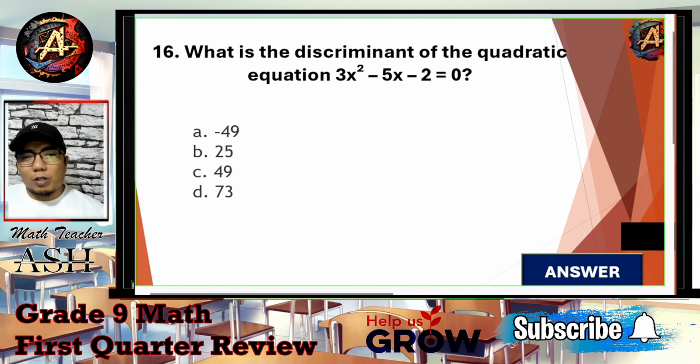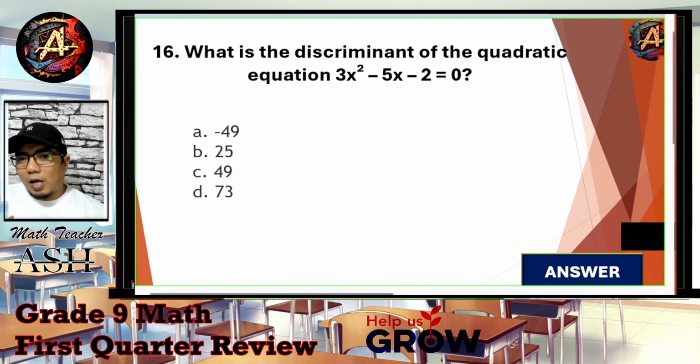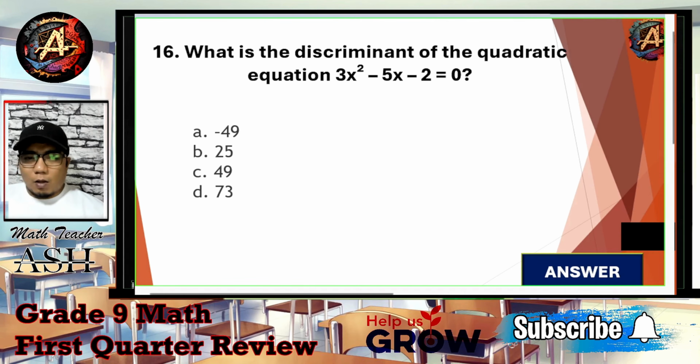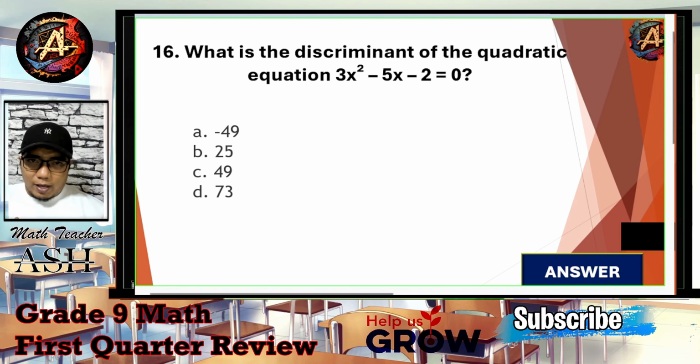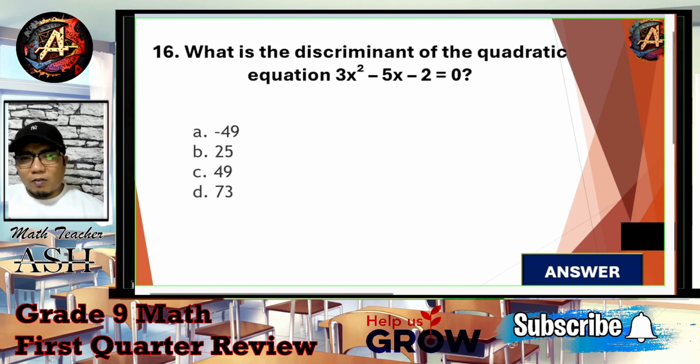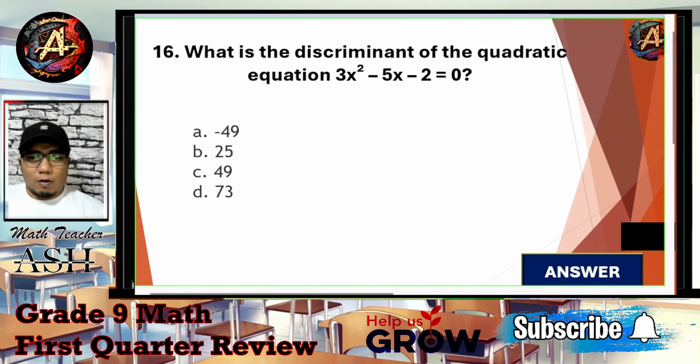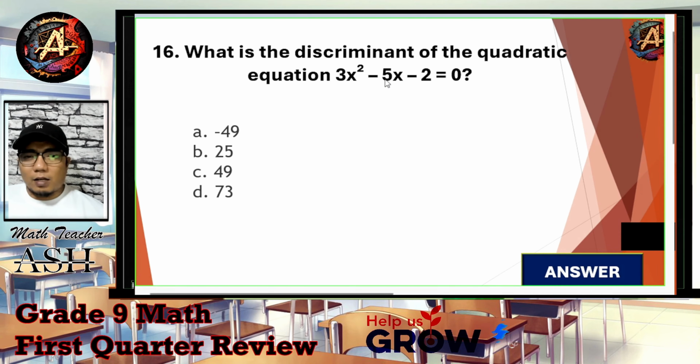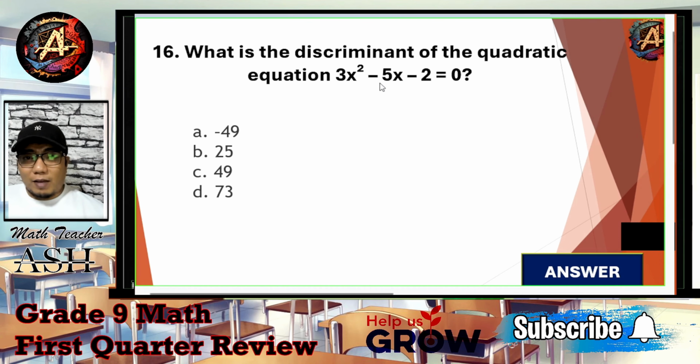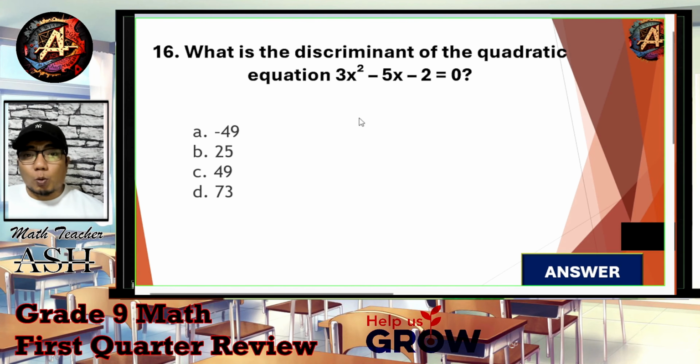Okay, my dear math learners, one thing you need to learn about discriminant is that when you check your value of A and the value of C, if one of them is negative, then it will make your discriminant positive. As we can see here, our B is negative 5. So when you square that one from the b squared minus 4AC, it will become 25.